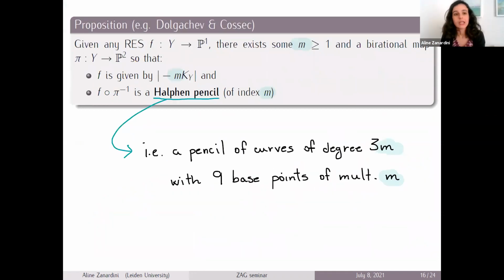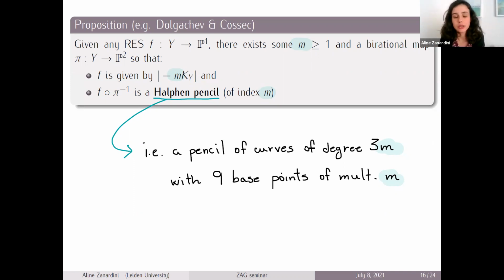And what do I mean by that? We have this proposition slash definition that we can find, for instance, in Dolgachev and Kilsack's book on Hicke surfaces. Given any rational elliptic surface, satisfying the definition that I just showed you, I can find some m greater or equal than 1, and a rational map pi from the surface Y to the plane, so that the following holds.